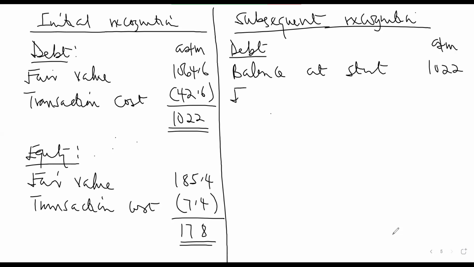Then we have the finance cost now. Finance cost of what? 0.132 multiplied by 1022. You will now use the effective interest rate taking into consideration the issuing cost, which is 13.2% there. So what are you getting?